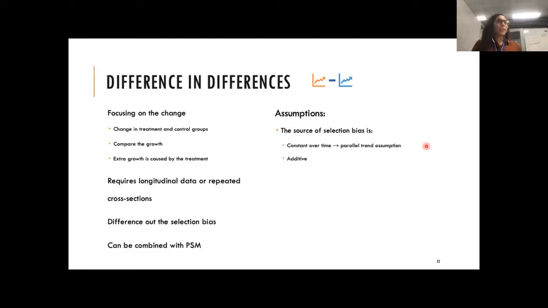The first one is that the reason why our treatment group got selected into the treatment group doesn't change over time. And the second one is that the selection bias is additive. So it's not a multiplication, it's not an exponential function, it is just a sum.